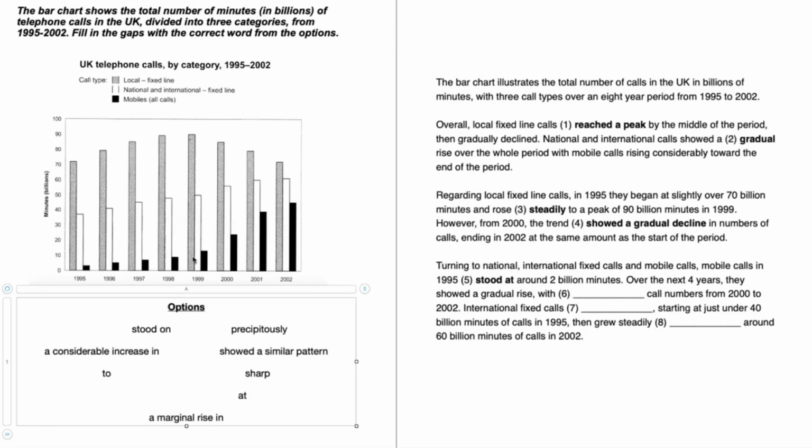It's actually a greater increase. So if we're looking here at our options, it would not be a marginal rise because it is more dramatic than that. And so the best option here would be there was a considerable increase in call numbers.